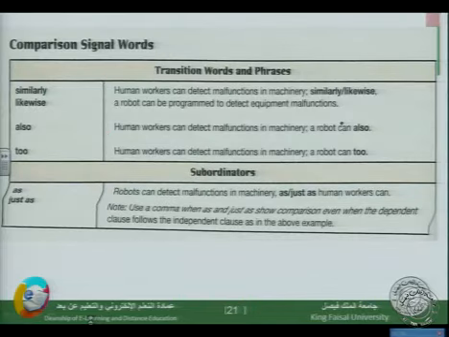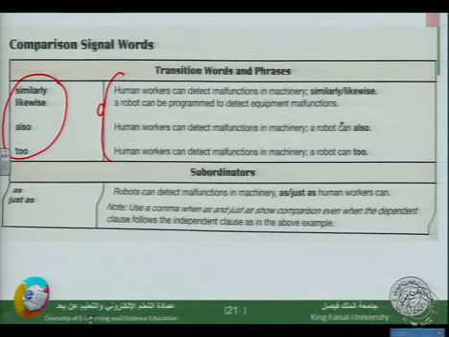Right in here we have some comparison signal words like similarly, likewise, also, too. You can read these sentences and understand how these words are transition words or phrases. Let us read together. Human workers can detect malfunction in machinery.